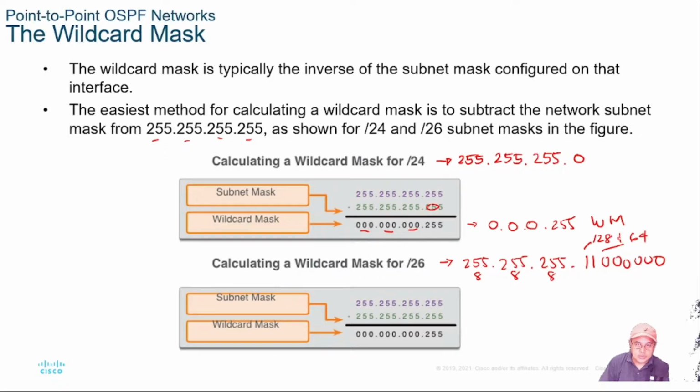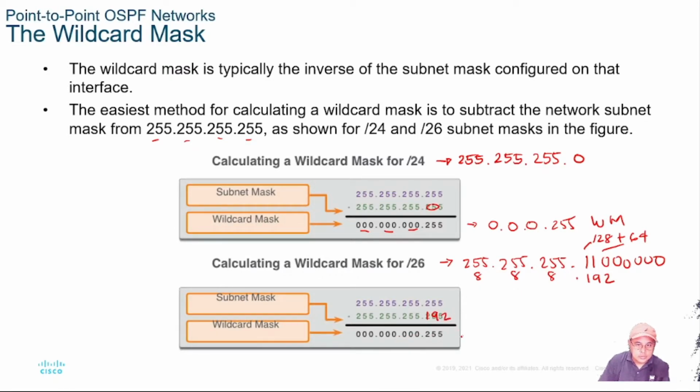If we add this one, 128 plus 64, that will be 192. So the new subnet mask, this /26, is actually written in decimal as 255.255.255.192.